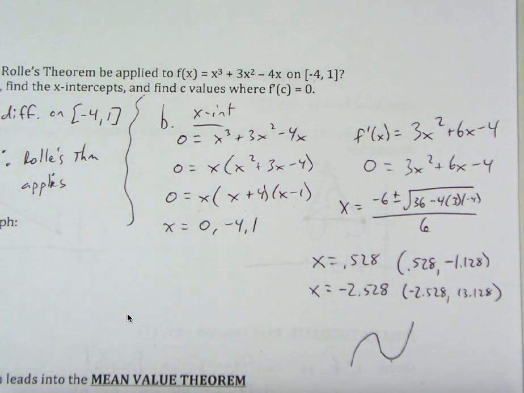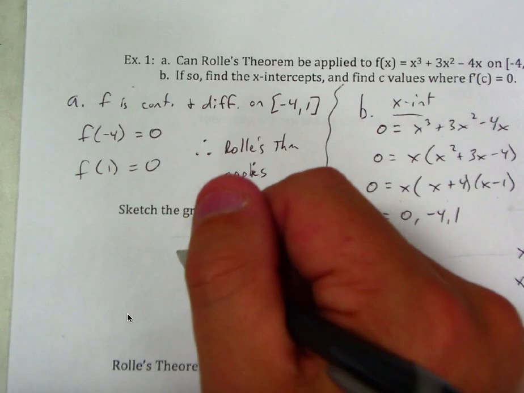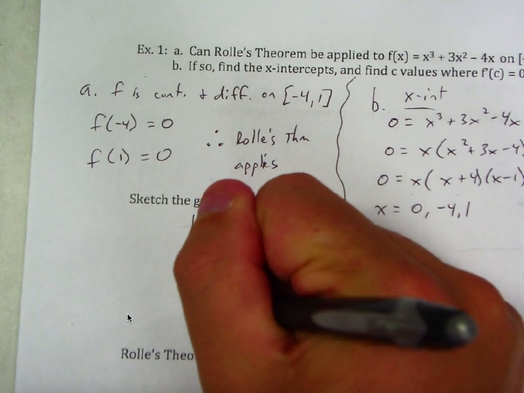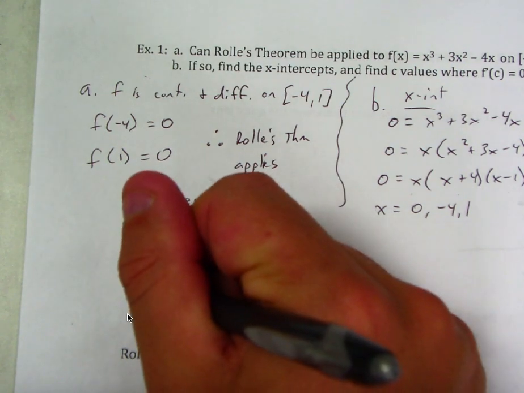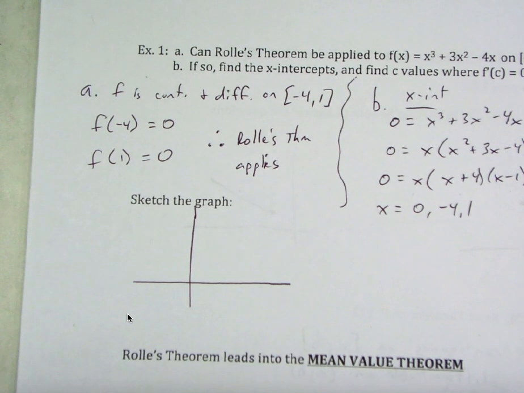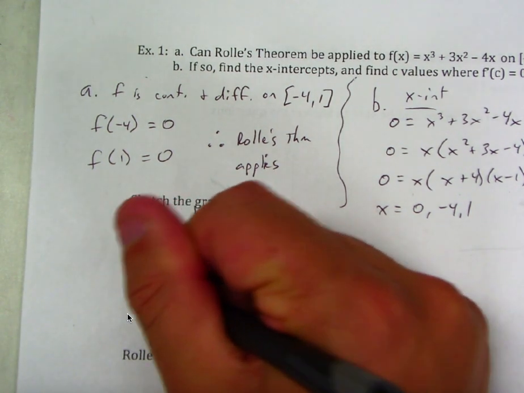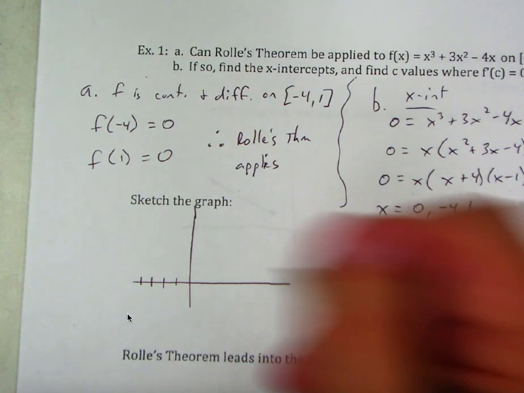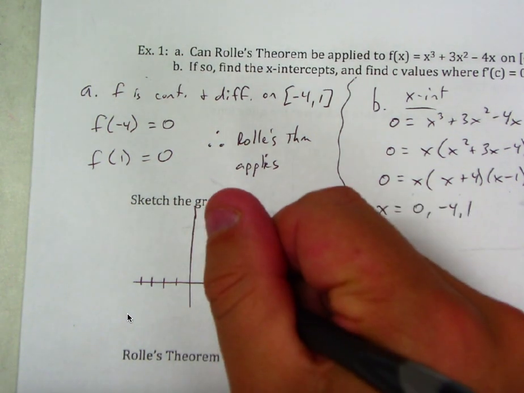And so now if I want to go ahead and sketch this graph with very good accuracy, I'm going to draw a coordinate plane over here. And put in some values. I know it goes from negative 4 to 1, so I don't really need to do much more than that.